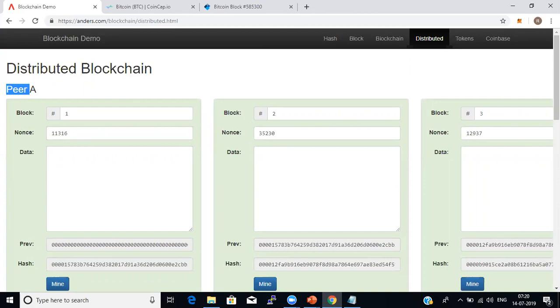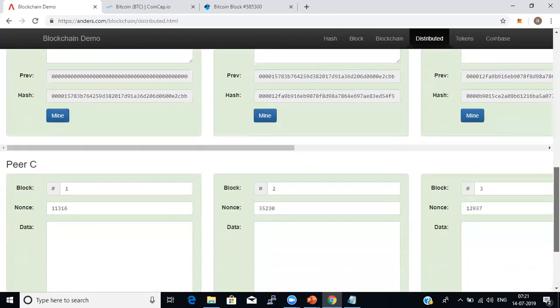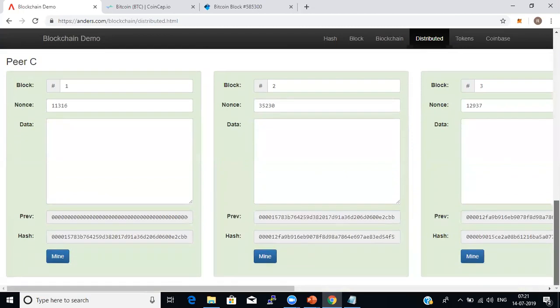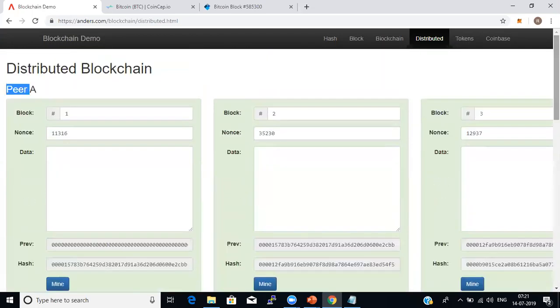Node, peer, or server, all are the same. Now if you observe, all these 5 blocks from 1 to 5 are there in 3 nodes. If you observe the hash code, the first block's hash code ends with 2CBB, and in peer B also the same data, the same hash code, and in peer A also the same hash code.